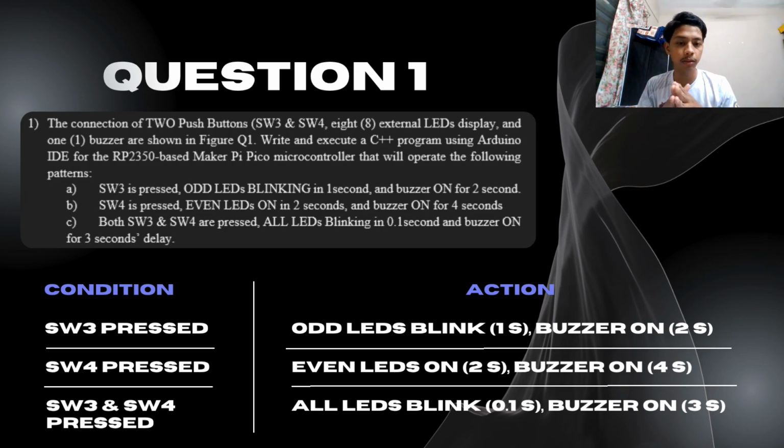Process B: when switch 4 is pressed, the even LEDs are on for 2 seconds and the buzzer is on for 4 seconds. Third, when both switches are pressed, all LEDs blink for 0.1 second and the buzzer is on for 3 seconds. This experiment determines whether the input and output are correctly detected.